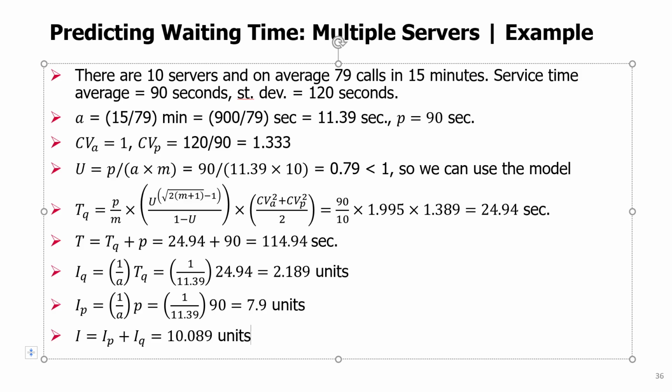Or you could think about the number of lines that will be occupied by all those phone calls, because remember, those customers do not show up physically, they actually call us. The number of lines occupied will be 10.089 on average. And remember, this is again an average, so there could be much fewer or much more lines. We might actually have 30 lines occupied at some point. It is also possible.